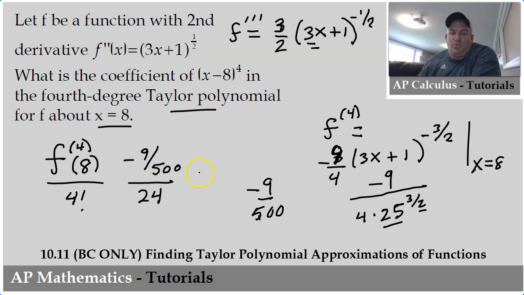And that 500 and 24 could mush together, and we get negative 9 over 12,000. 24 500s would be 12,000. And then we could reduce that down to our final answer of negative 3 over 4,000.